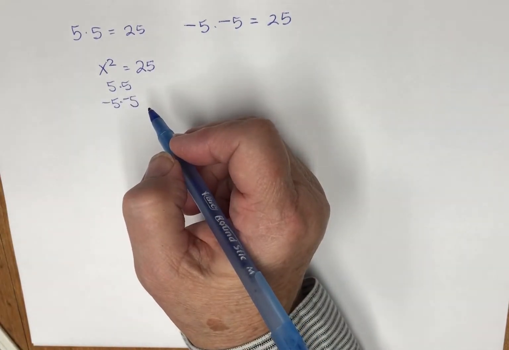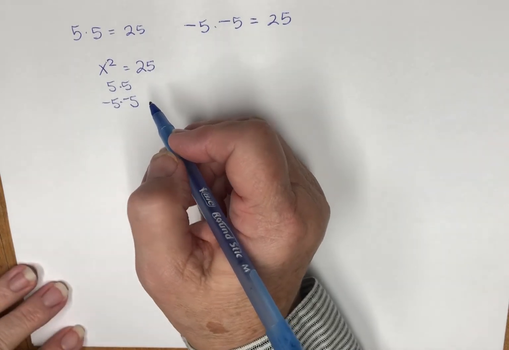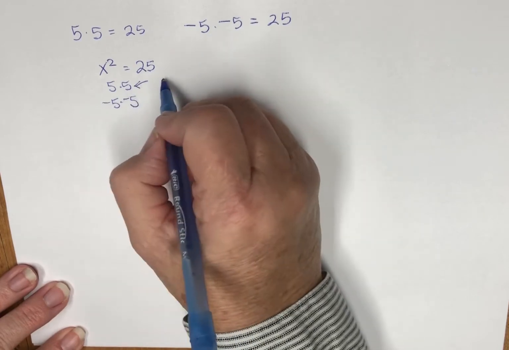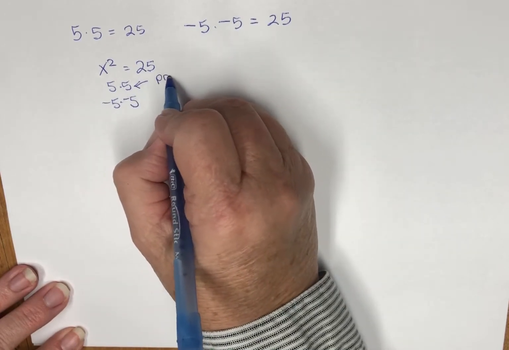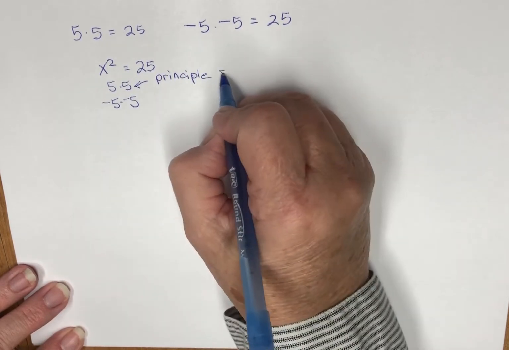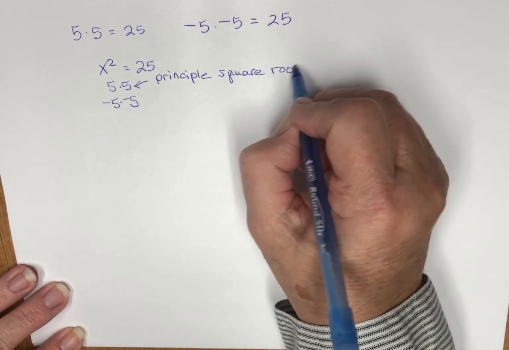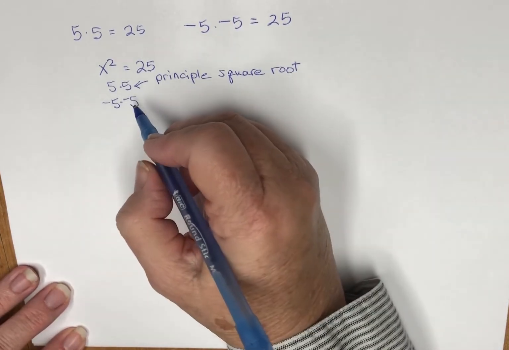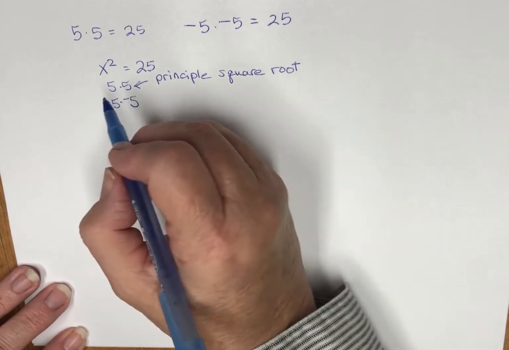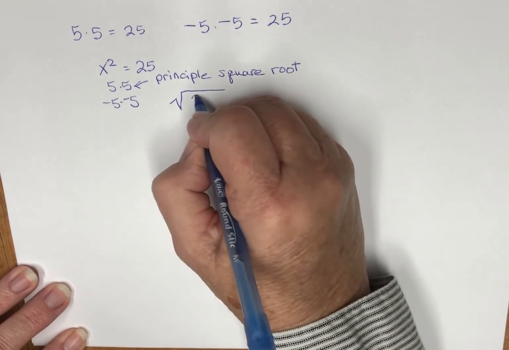Okay. The positive square root of a number is sometimes called the principal square root. So the positive 5 would be the principal square root. So when you're trying to find roots of things, you're normally looking for the positive outcome. This is the radical symbol. Here we go, and I put a 25 in there.